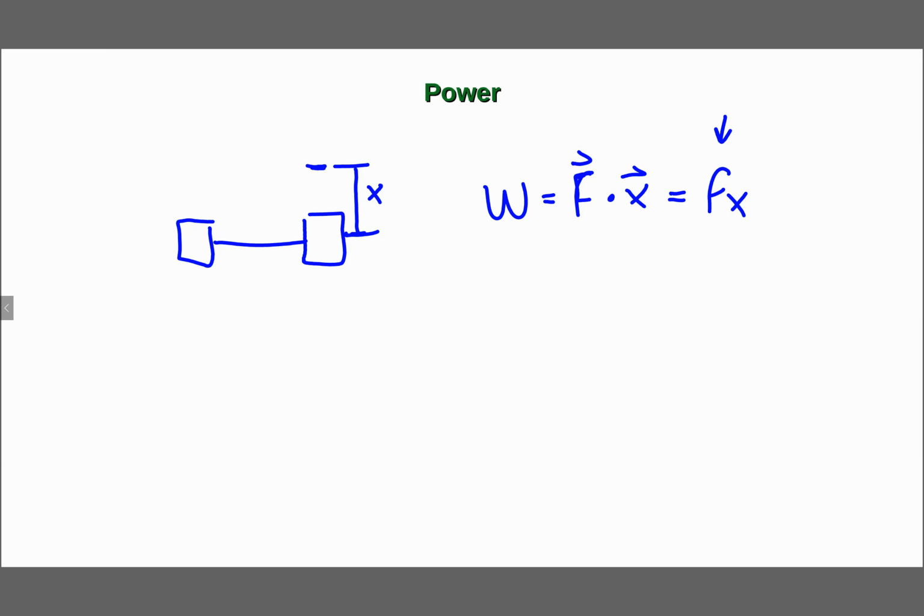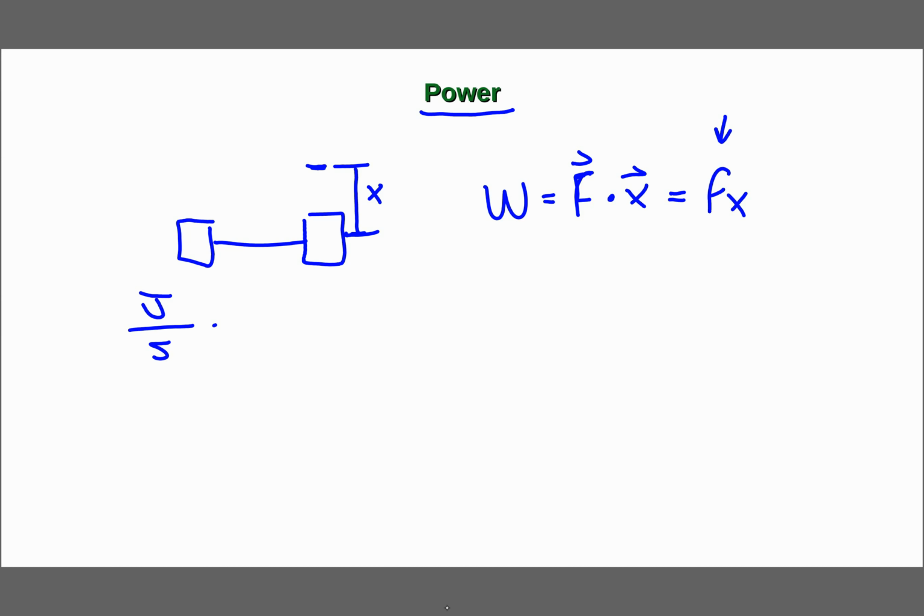But often, we want to know how quickly work was done, not only how much work was done. And this brings in the concept of power. Power is the work done during some specific time interval divided by the length of that time interval. So if we have joules for units of energy, the work done is in units of joules, and that's per second.